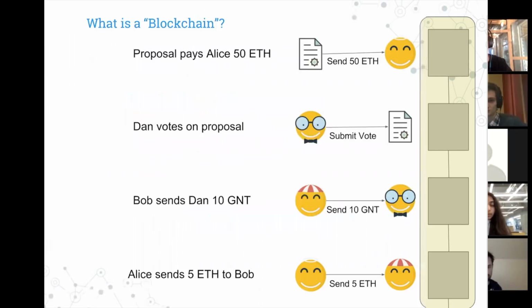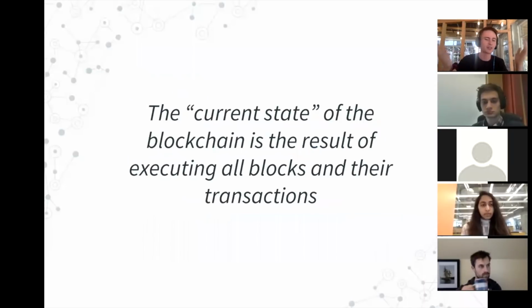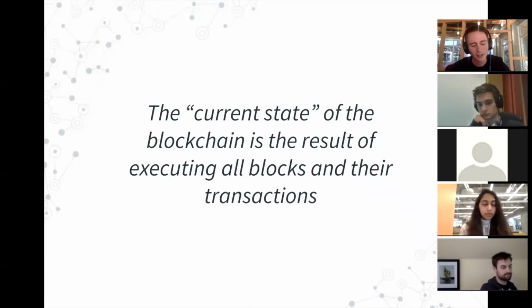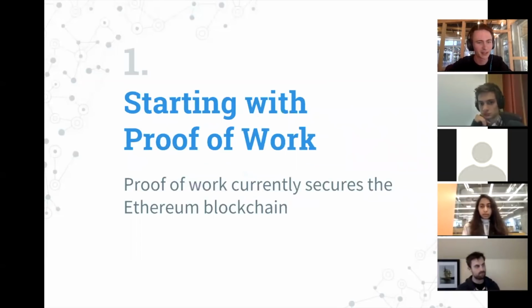And the state of the blockchain is just all of those blocks with all the transactions combined, the result of that execution, right? And so the current state of the blockchain is the result of executing all blocks and their transactions. Super simple, but that's some core information that is important for this kind of stuff.